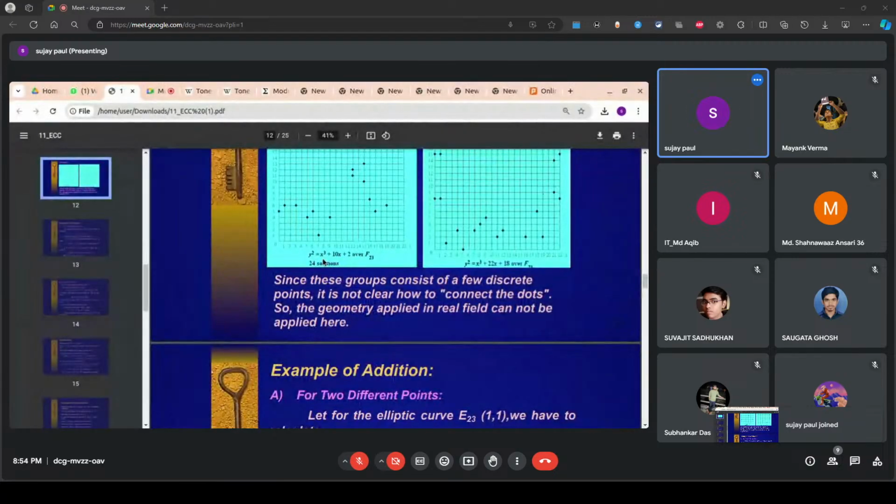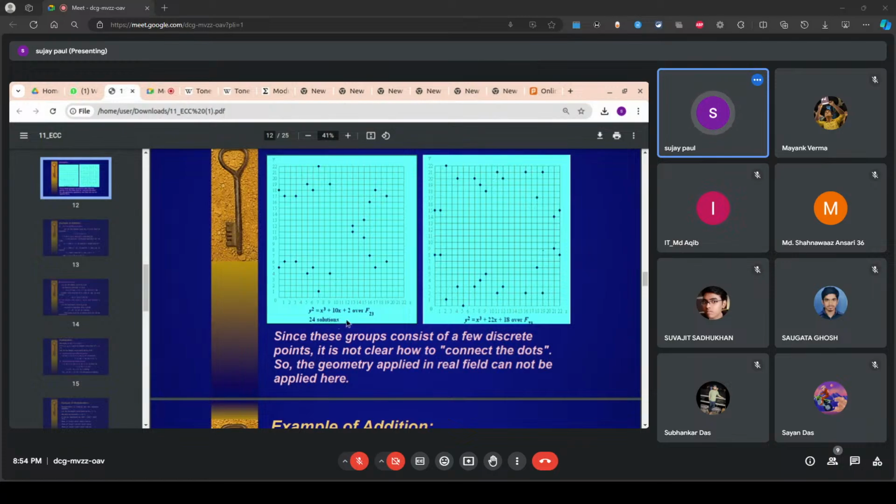Suppose this one: y square is equal to x cube plus ax plus b. I will give you the values a equals 10, b equals 2, prime number p equals 23. Okay. If I give you that, it will give 24 points.